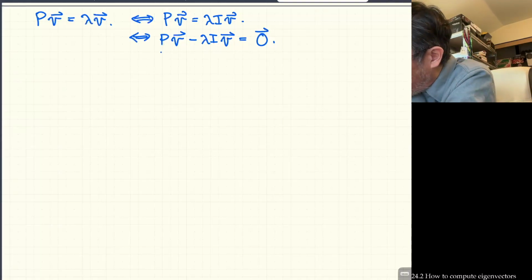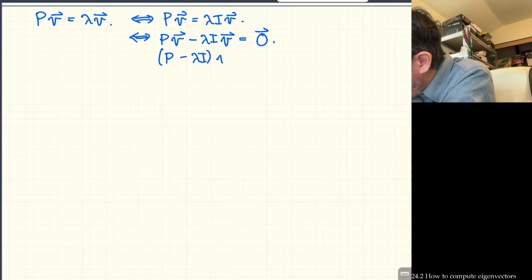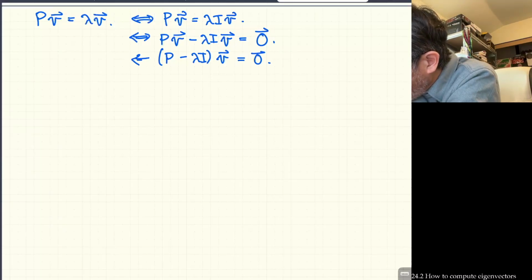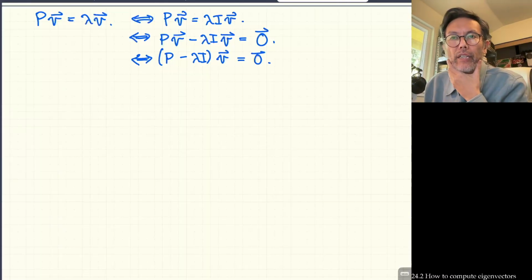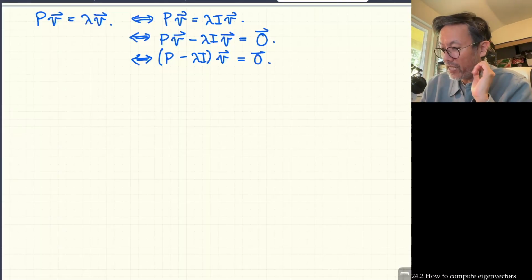So I get P minus lambda I times V equals 0. Nothing up my sleeve. This is correct.